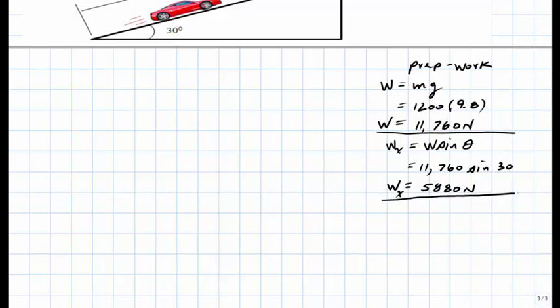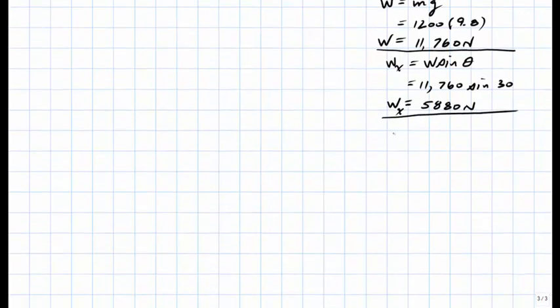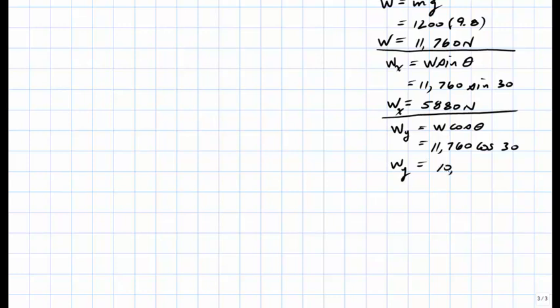Finally, for Wy, we can use the equation W times the cosine of theta, which of course equals 11,760 times the cosine of 30, and that outcome is 10,184 newtons.